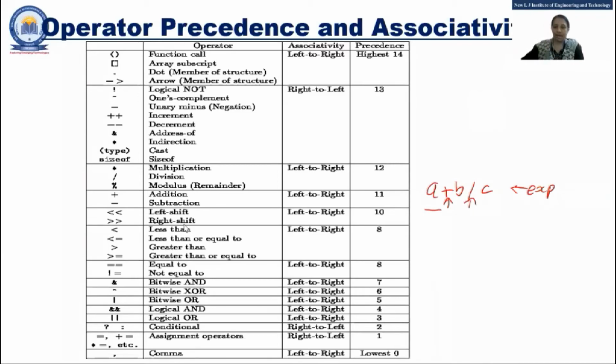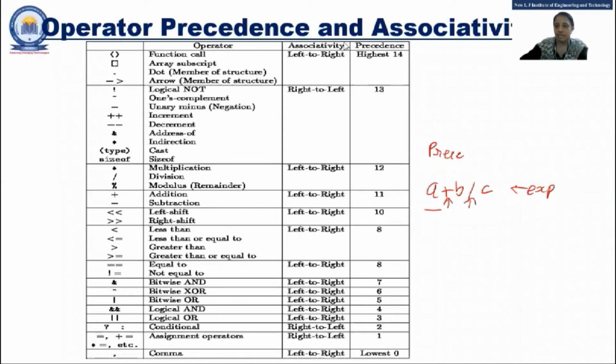Suppose I have it like this, then B divided by C must be executed first. So when there is more than one operator, there will be a concept of precedence. Clear?